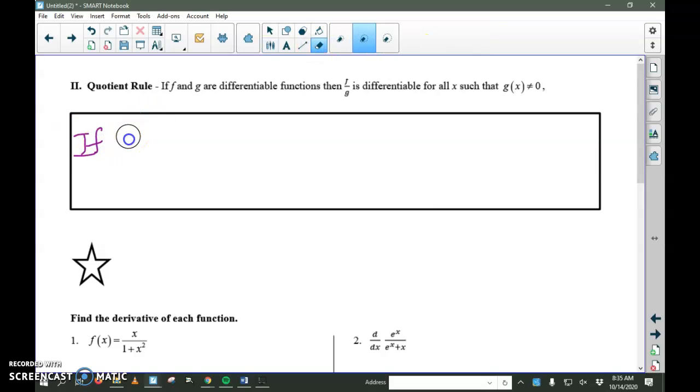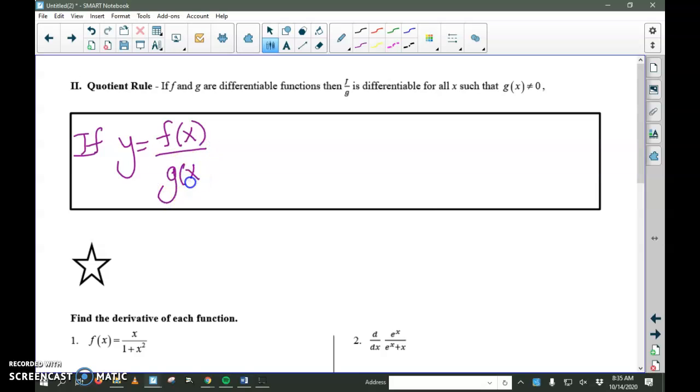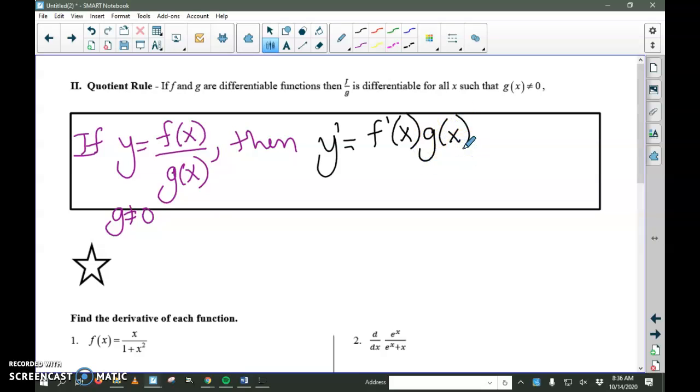So again, if I have y equals f of x divided by g of x. Okay, so I have this quotient. Again, g is not equal to 0. Then the derivative of this quotient, so y prime, is equal to, all right, it's kind of a similar setup to yesterday when we start. I have to take the derivative of that first function or that top function, okay, times the second function, or in this case, the function in the denominator.